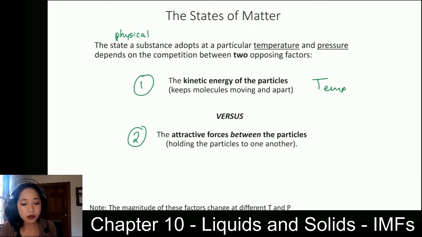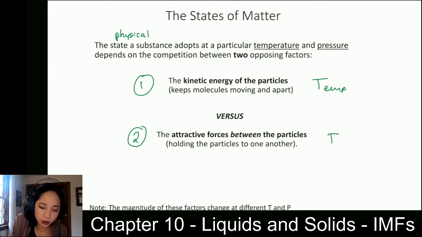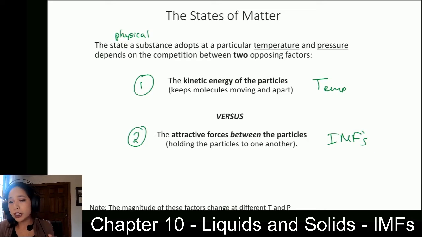It's dependent on these two opposing forces: temperature, which gives the kinetic energy of the sample, and attractive forces between particles. These are our intermolecular forces, specific to that sample. Intermolecular forces are attractive forces, the forces holding those molecules together.